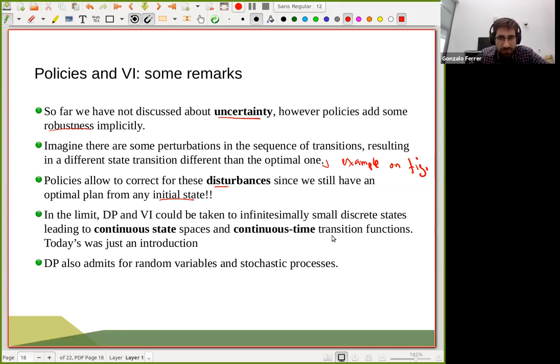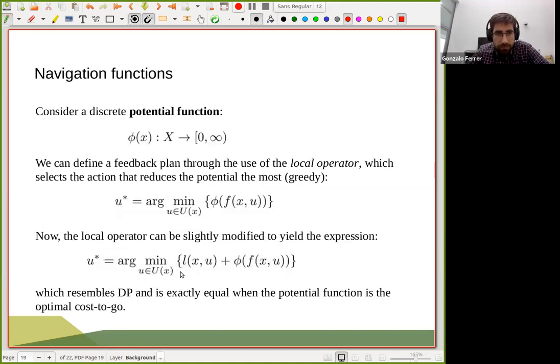So it could be applied very easily. Here it's just motivation, but it extends easily to other domains. As I said, this is going to appear again later, and it also includes random variables. These are great features. We'll see them later, but for today it's not necessary to describe them more.